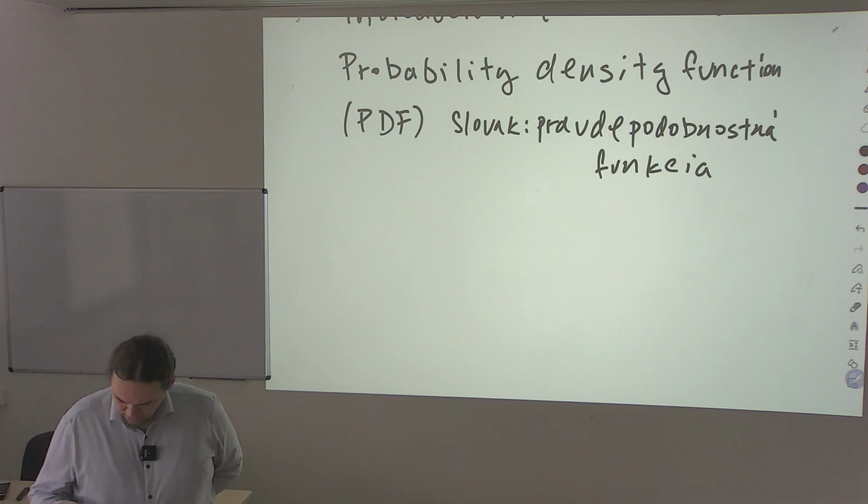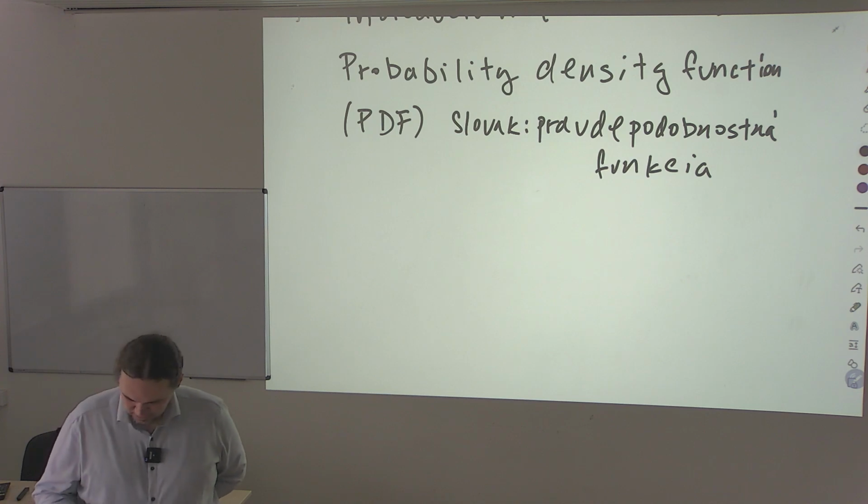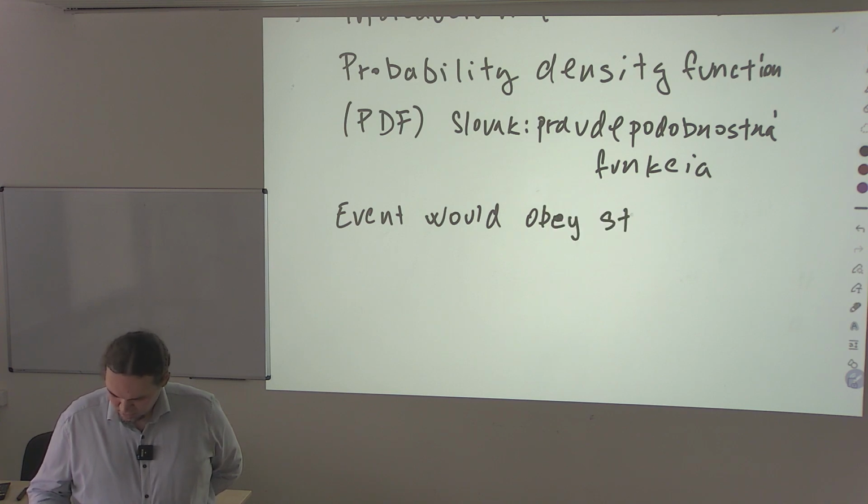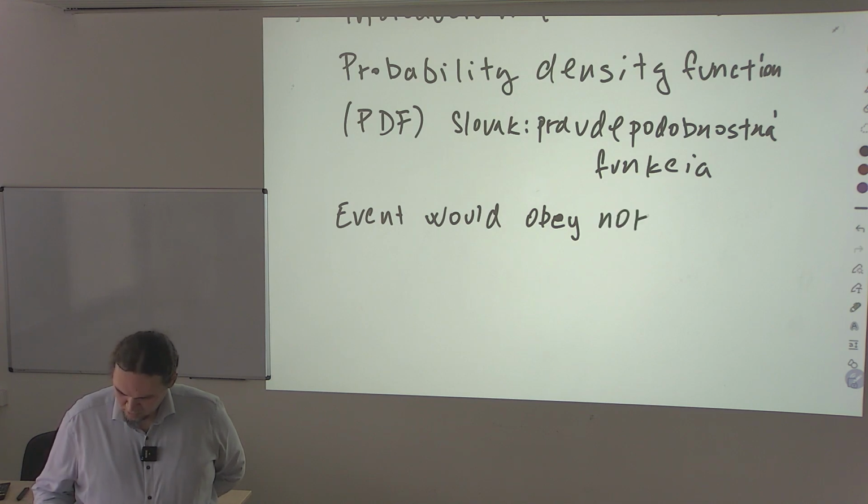So let's say something like a definition. An event would obey the normal or Gaussian distribution.